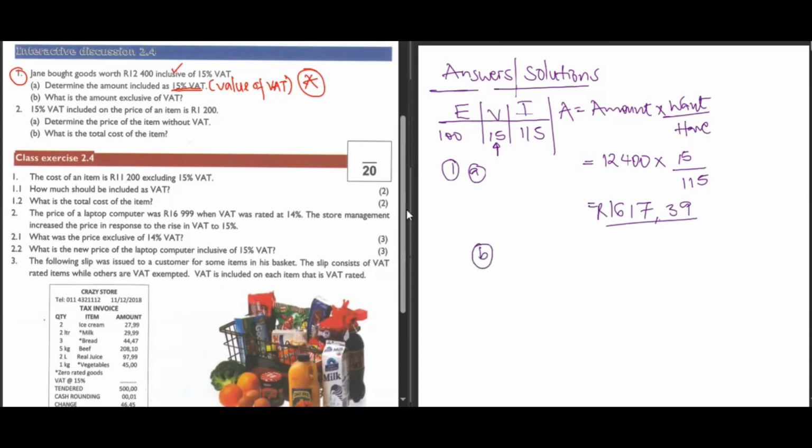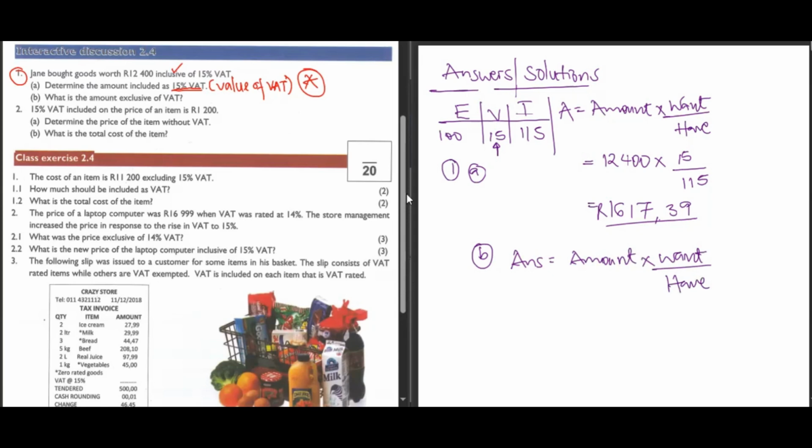Let's look at part B. Part B, they're asking, what is the amount exclusive of VAT? Again, our answer will come from the amount that we have times the percentage that we want over the percentage that we have already. The amount that we are dealing with already includes VAT.